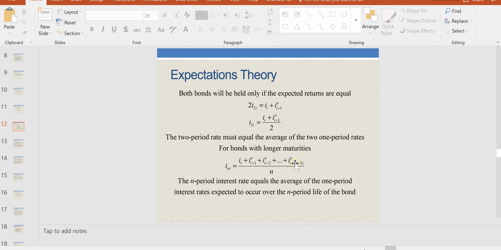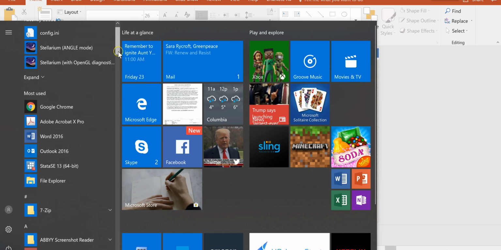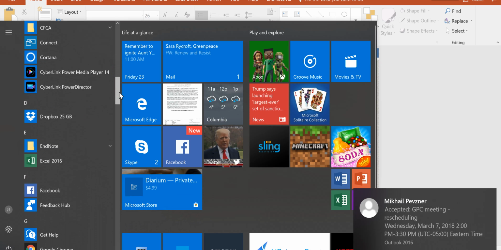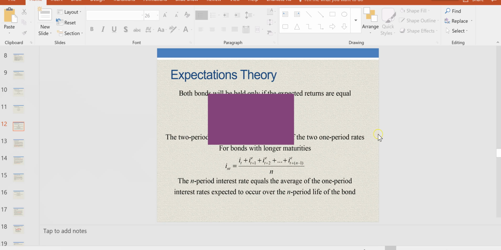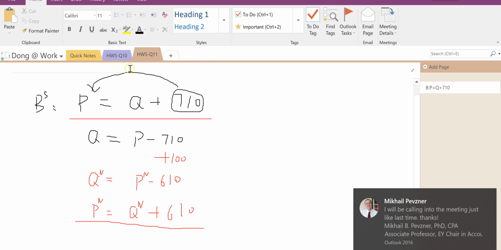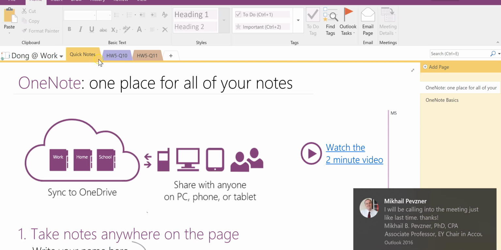This may sound a little daunting if you don't understand the mechanisms behind it, but if I just draw a chart, you can probably find it easier to understand. So let me pull out my notes and open a new one.